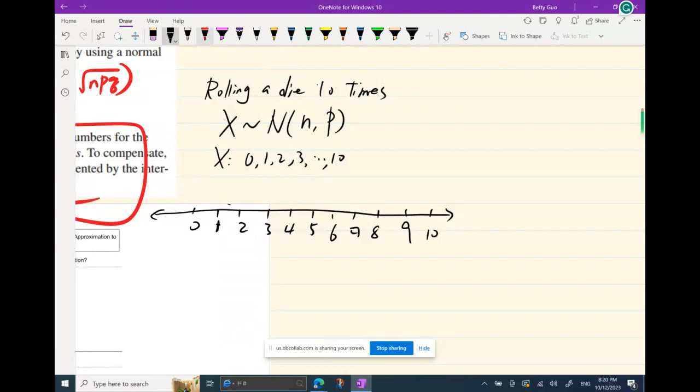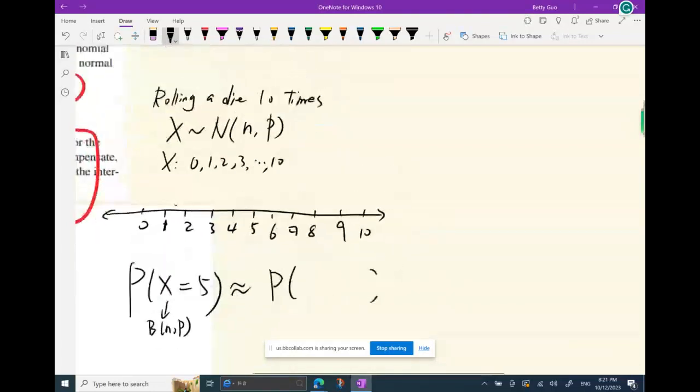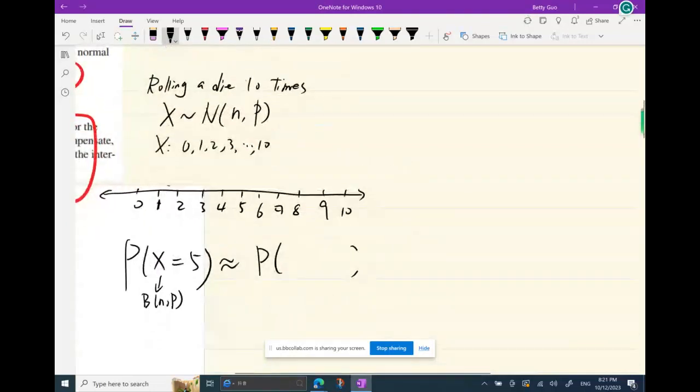And when we use a normal distribution to approximate that, for example, we consider the probability of x equals 5. This is a binomial. Now, how are we going to use the normal distribution to find the probability?